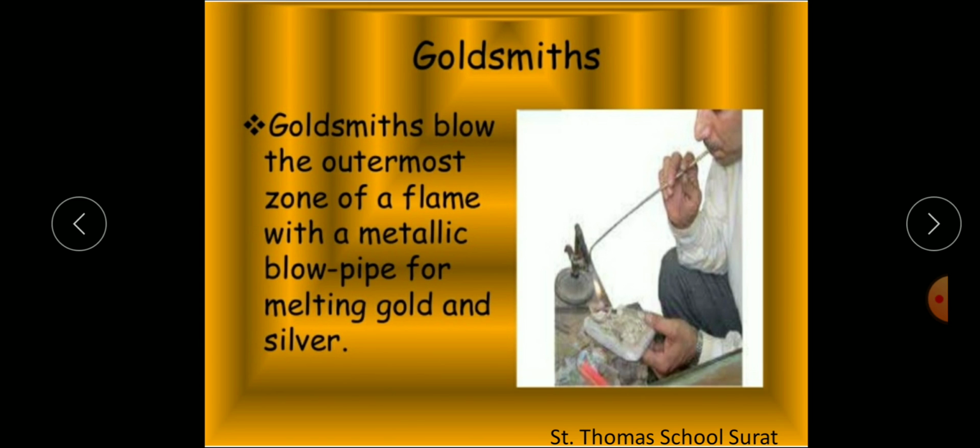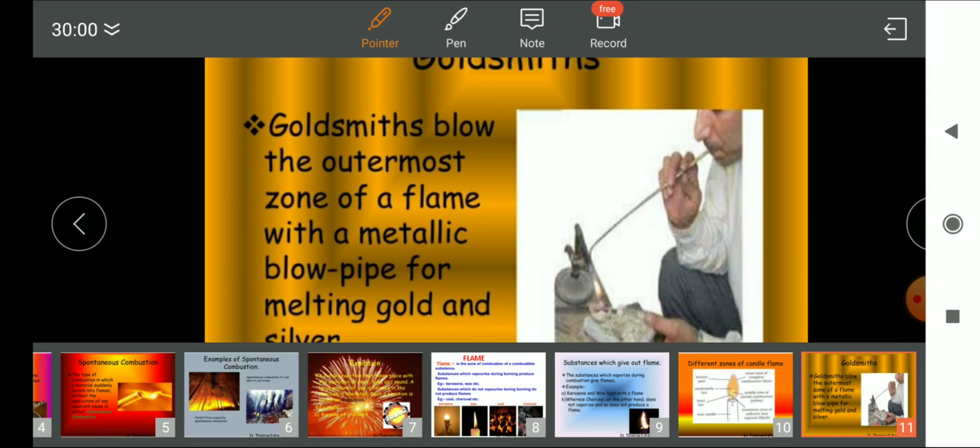Understood? This goldsmith blows the outermost zone of a flame with a metallic pipe for melting gold and silver. You can see this is a blowpipe for melting the gold and silver. Okay.